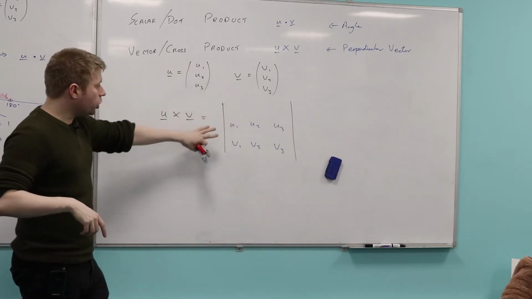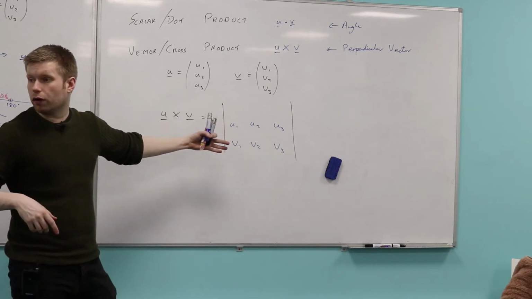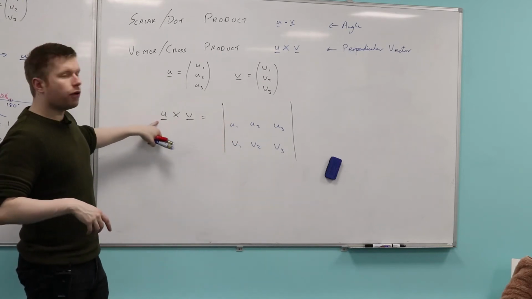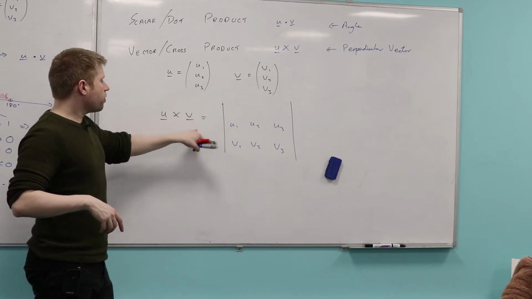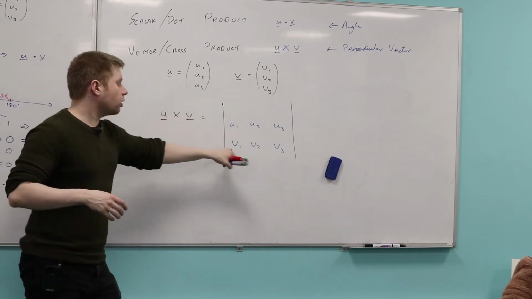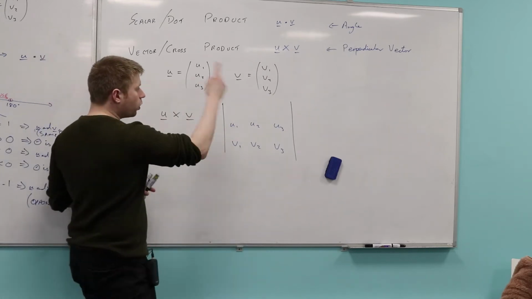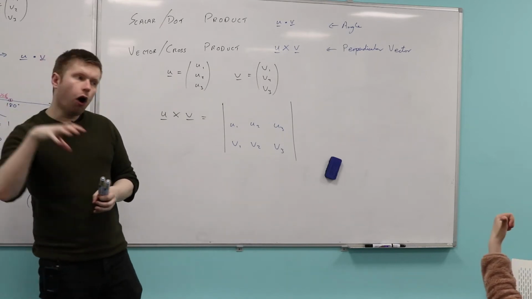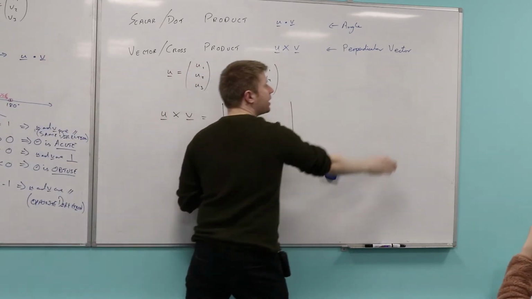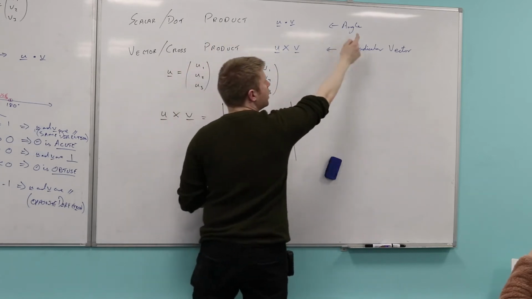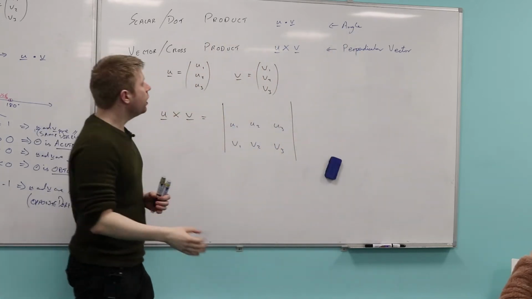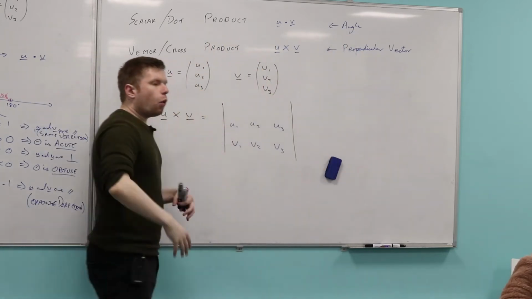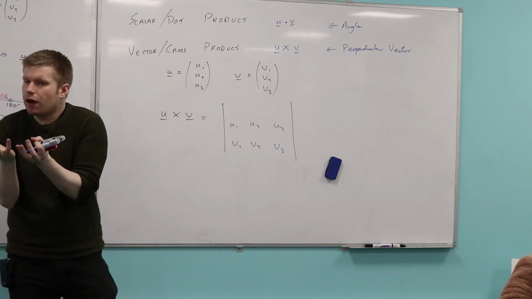If you were doing v cross u, you would have to switch these two rows over. But because you're doing u cross v, the first vector goes in the second row, the second vector goes in the third row. So what goes along the top? Well, because we're trying to find another vector, remember when we were doing scalar product, we were finding a number. Because we're now trying to find a vector, we need to keep the vector there.